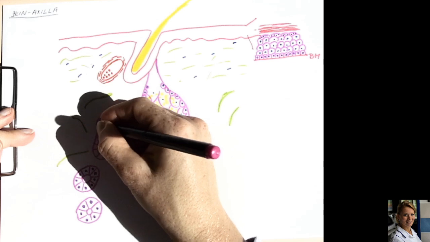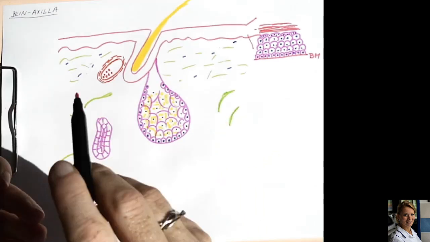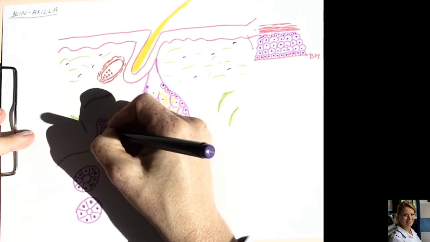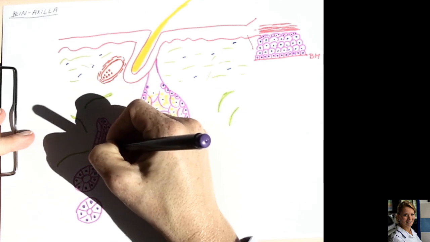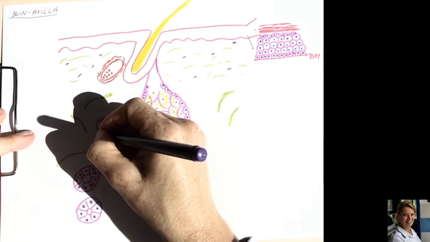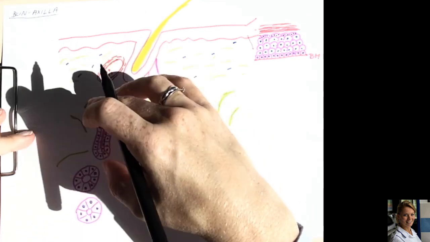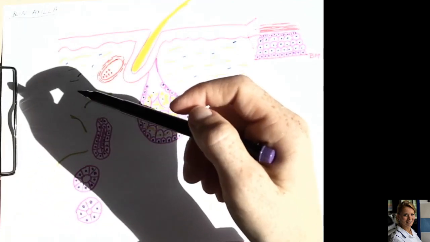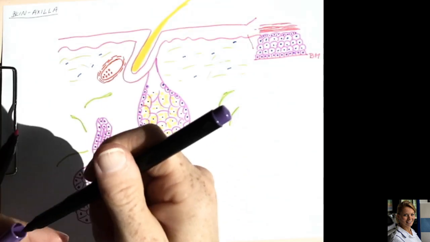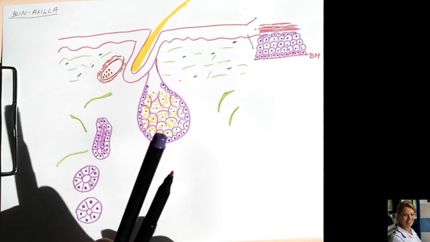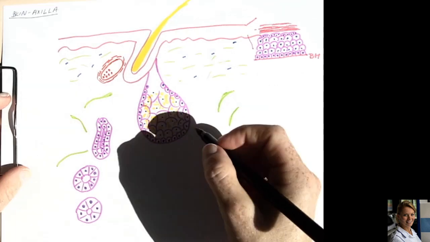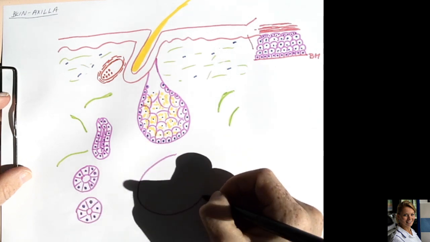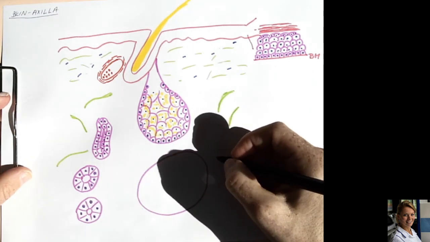The duct is darker than the secretory portion in the microscope, and the duct goes through the epidermis.